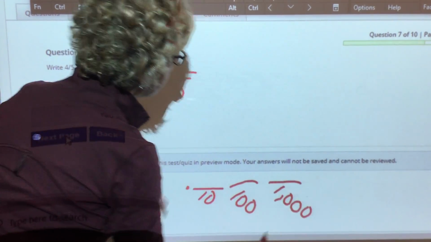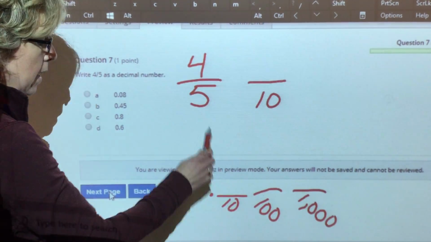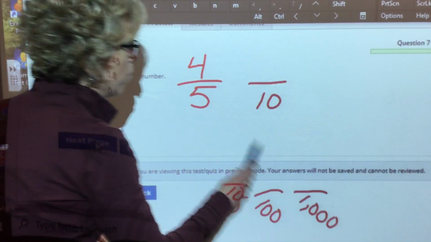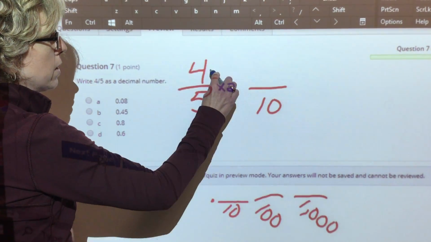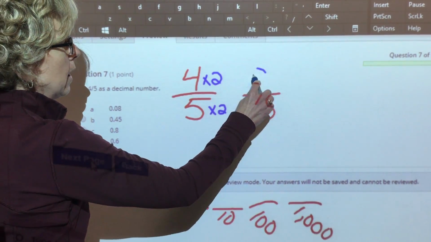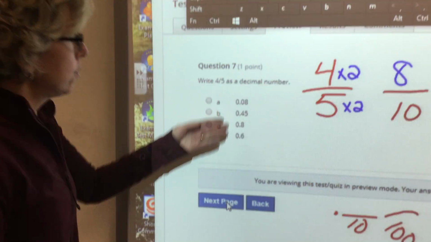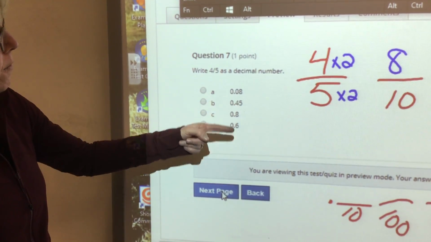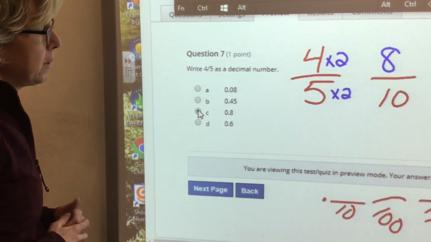We know that this is going to be an easy fraction to convert to something over 10. Okay, and then what did I take 5 times to get 10? I took that times 2, so I take my numerator times 2, and I get 8/10. When I look over at our answers, here's 8/100, 45/100, here is 8/10 and 6/10. My answer would be C.